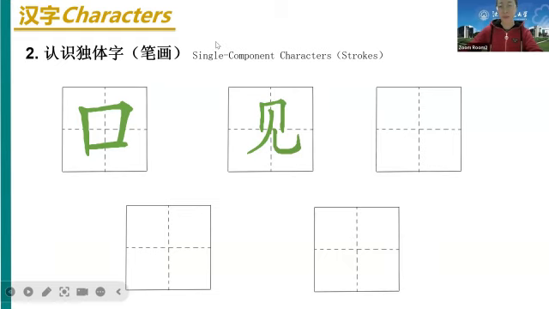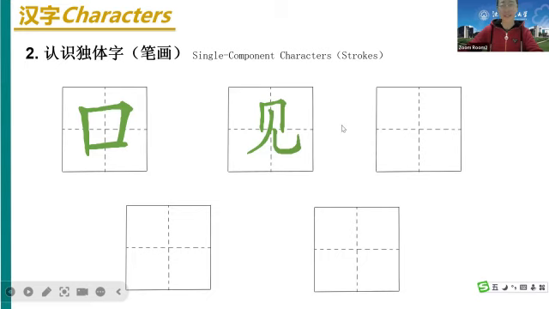Most of the assignments handed in by the students were done very well. You finished your assignments very carefully, and your learning attitude is so good.